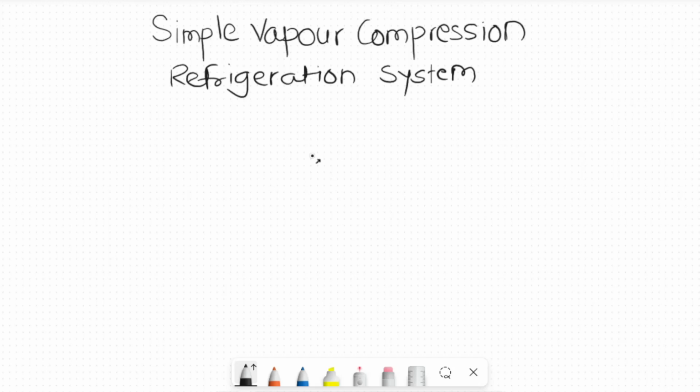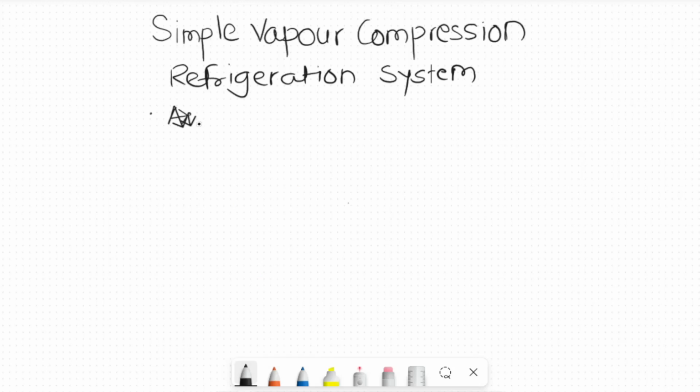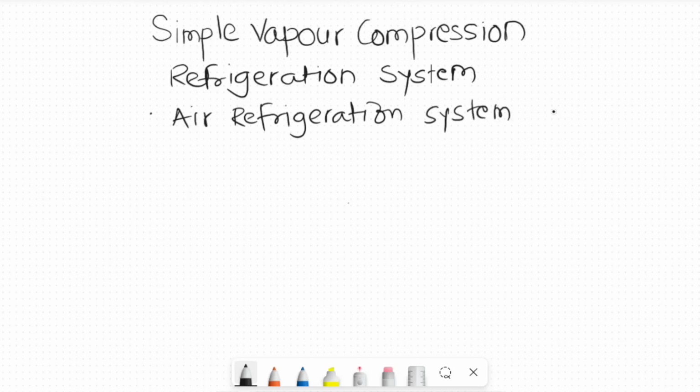Now the difference is, in case of air refrigeration system, air is used as a working fluid.